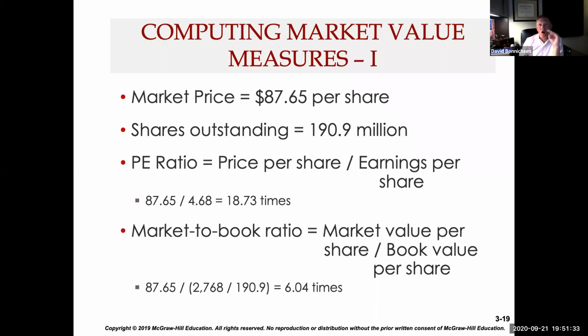And right now, I'm willing today to pay $87.65 for one share, which means I'm willing to pay for 18.7 years worth of earnings at $4.68. I'm willing to pay today for 18.7 future years of at least $4.68 per share.